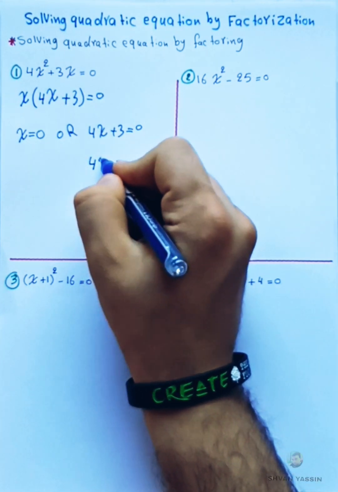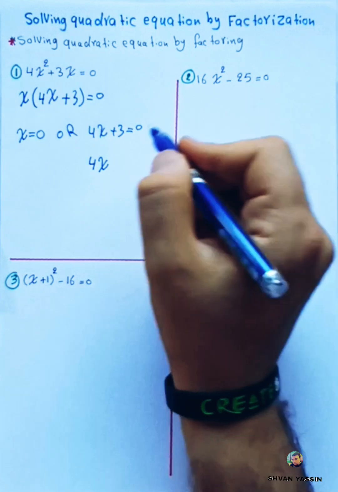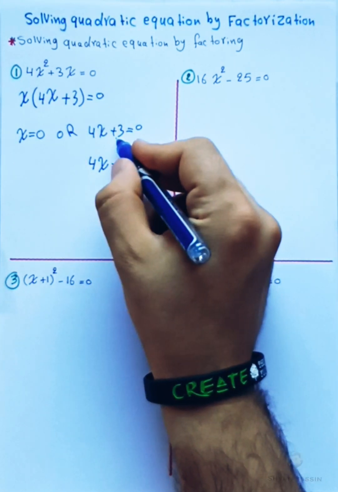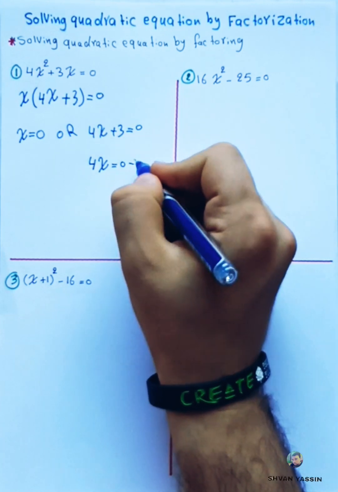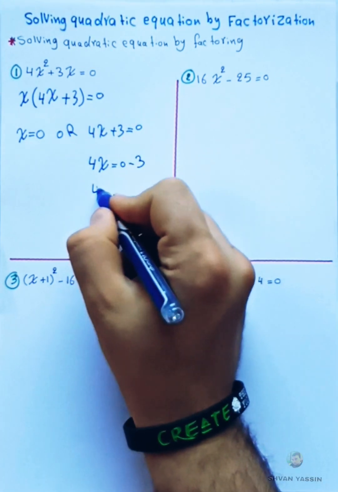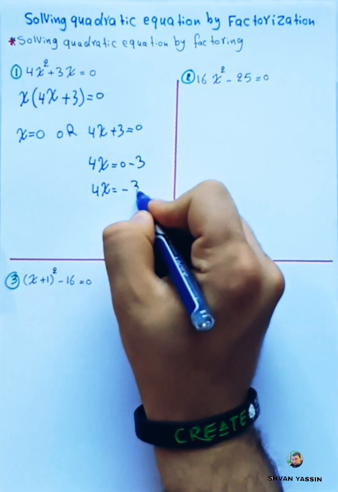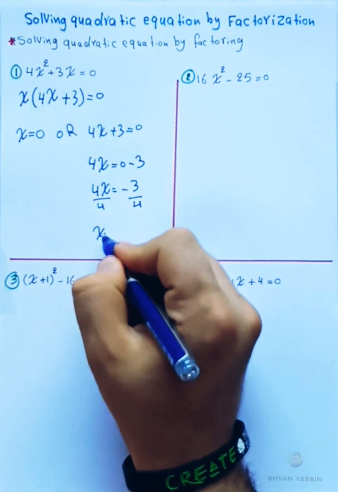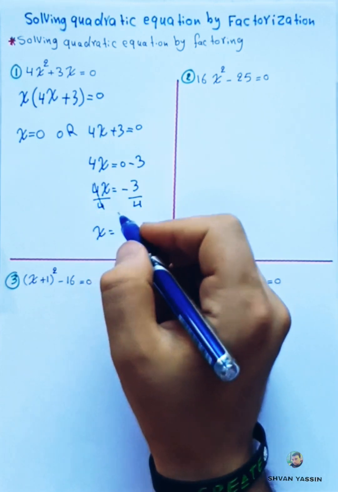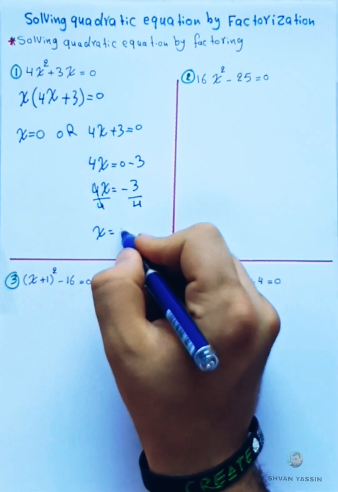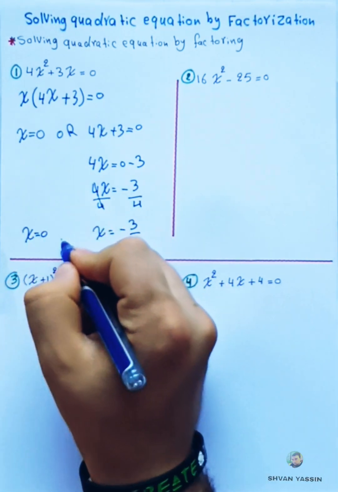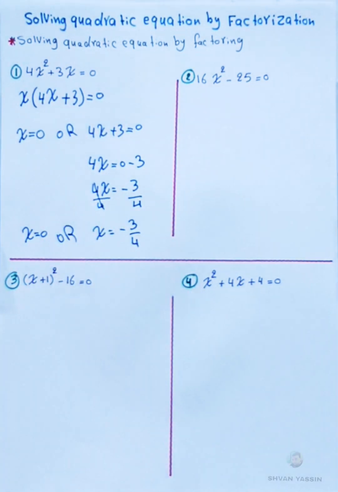You have to change the place of positive 3 to the right side, so 4x equals 0, and when we move positive 3 to the right side it becomes negative 3, so 4x equals negative 3. We have to divide both sides by 4, so these two terms are cancelled, and x is equal to negative 3 out of 4. So x is equal to 0, or x is equal to negative 3 out of 4.